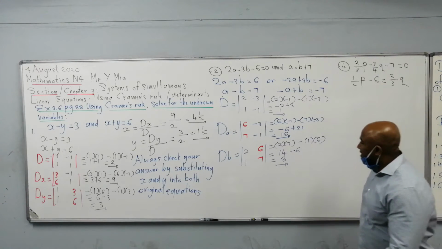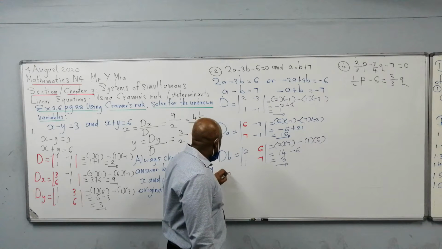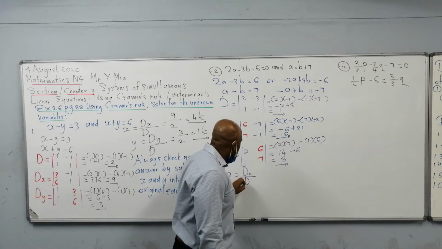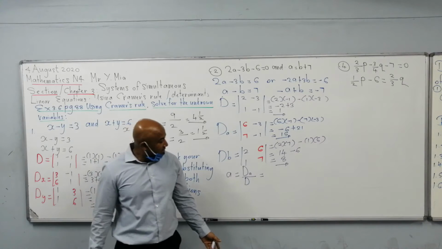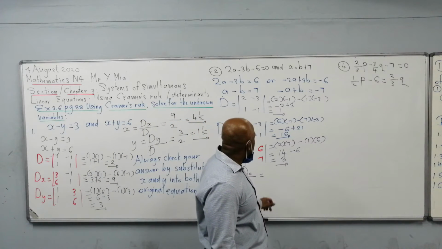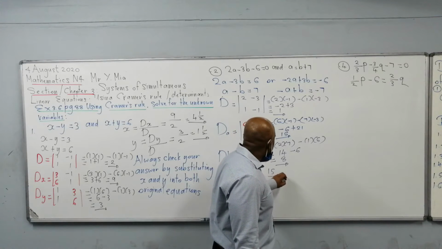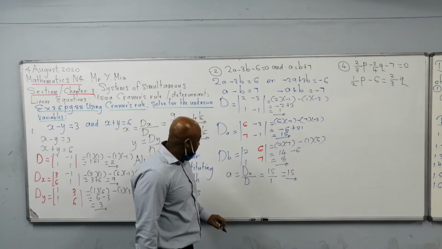Right, so now let's work out our final answers. So A is going to equal dA over D. There's no x here, so you write down A. So what is my dA? It is 15, and D was 1. 15 divided by 1 is 15.